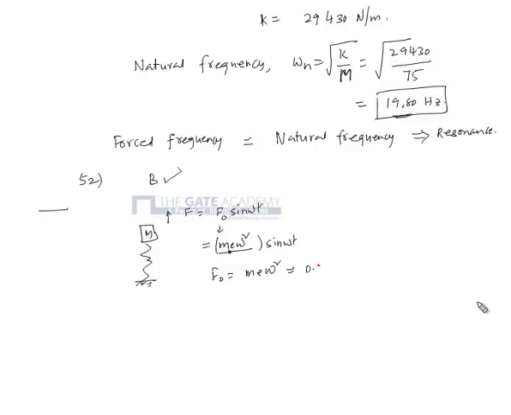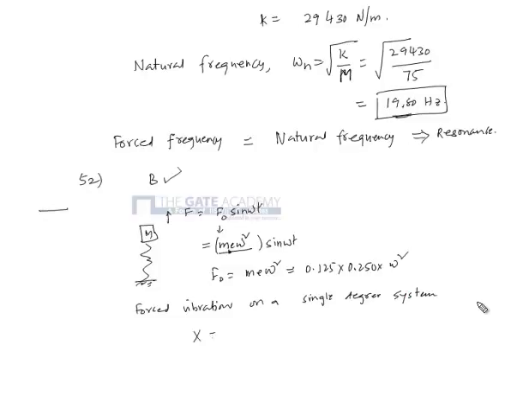So F0, the amplitude of the force, is me omega square, which is 0.125 into eccentricity, 0.25, into omega square, which I don't know. Now this is basically a forced vibration on a single degree of freedom system.